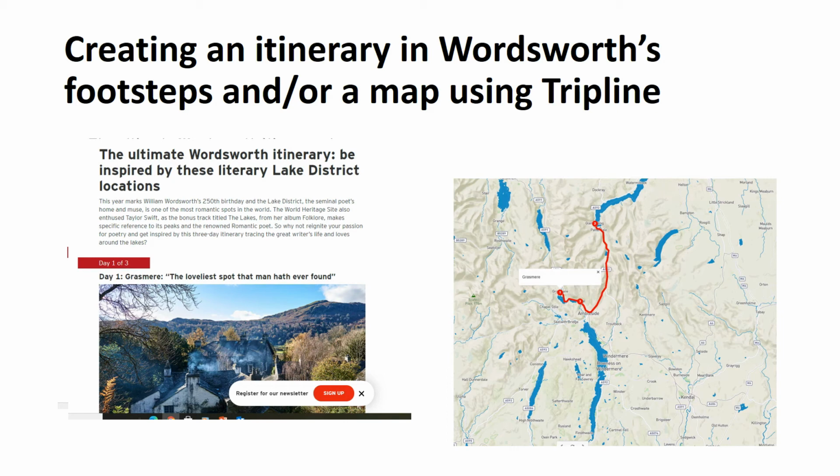And then I would also suggest that they add a map highlighting the places of their itinerary, using, for example, Tripline. This was done using Tripline. I don't know if you're familiar with it. It is a map-making application which is quite easy to use. You can also add photos when you have completed your map.